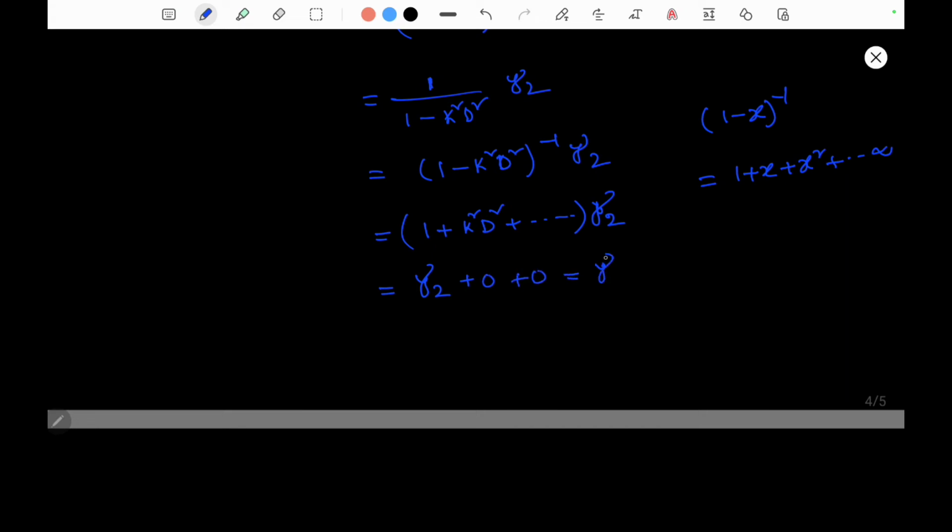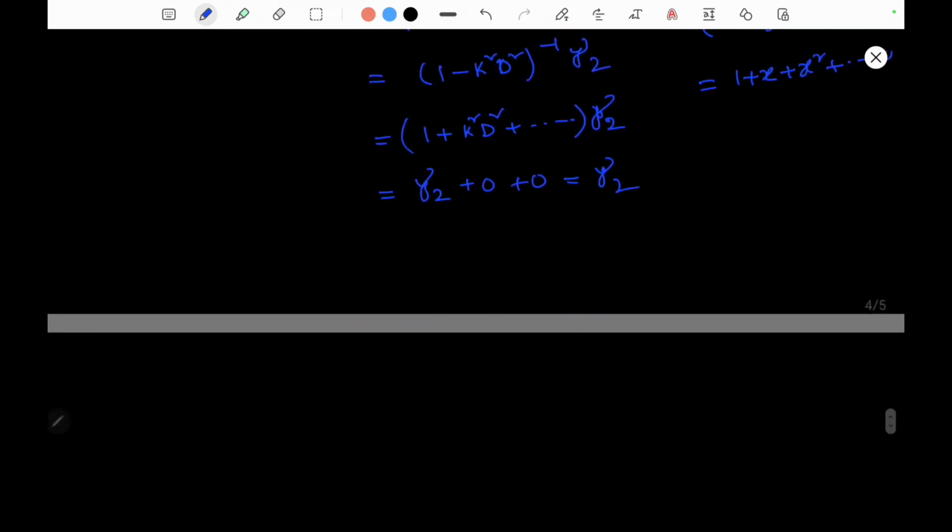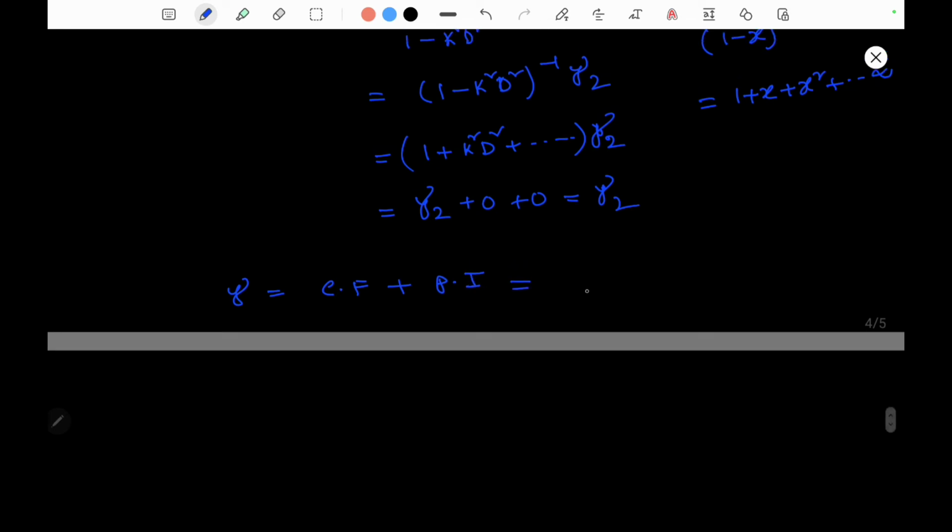So it is y2. So the particular integral will be y2. Now the total solution will be y equal to complementary function plus particular integral. The complementary function we got is c1 e to the power x by k plus c2 e to the power minus x by k, and the particular integral is y2.